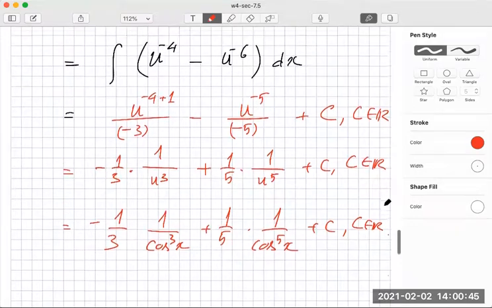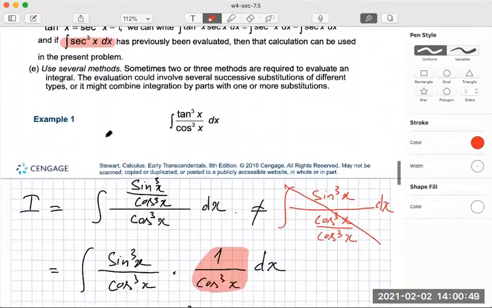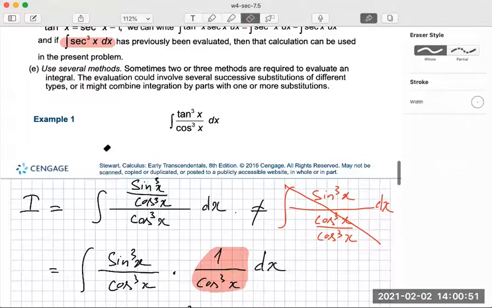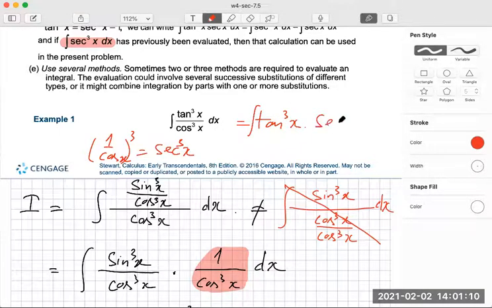Or another way. Let us go back to the original problem. We know that secant is 1 over cosine, right? So 1 over cosine cubed will be secant cubed here, right? It becomes tangent cubed x times secant cubed x.